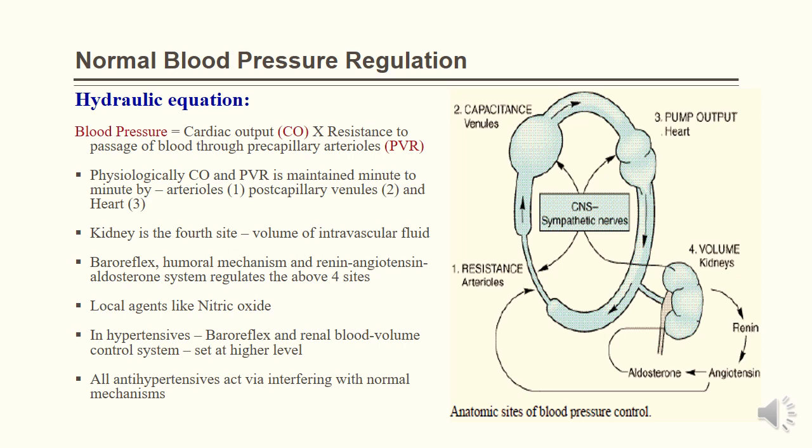And blood pressure is controlled by baroreceptors. In the first point we can see physiologically cardiac output and peripheral vascular resistance are maintained minute to minute, or moment to moment, and regulation is exerted at three anatomic sites: arterioles, post capillary venules and heart, and the kidney is also involved as a fourth site.